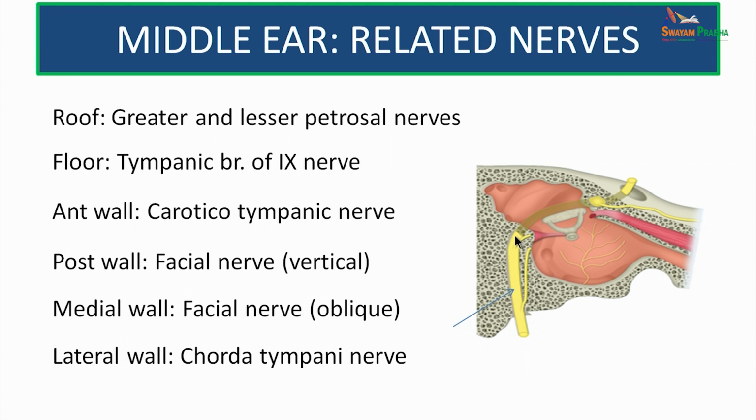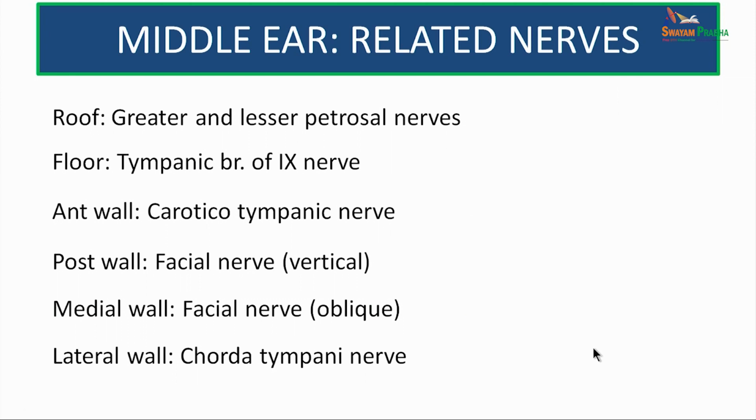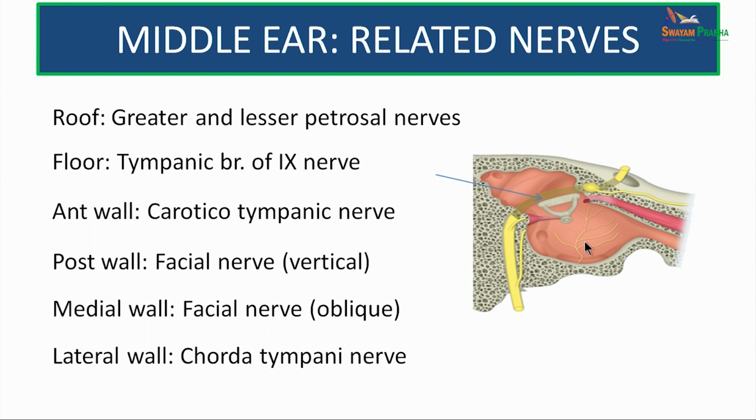In the posterior wall, we see the vertical canal for the facial nerve as it proceeds to exit through the stylomastoid foramen. In the medial wall, we see the oblique tunnel for the facial nerve as it joins with the vertical canal on the posterior wall.